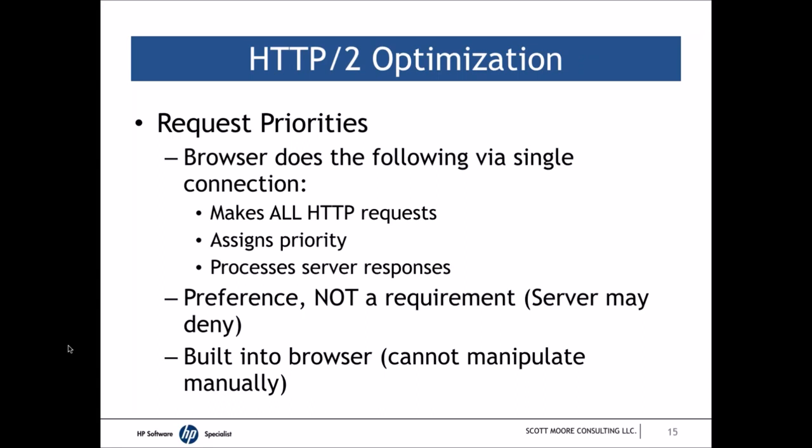So it may put a higher priority or a higher weighting, W-E-I-G-H-T, a higher weight on text-based files like HTML, CSS, client-side JavaScript, and then put a different weighting on GIF images or something else. Again, this is something that the browser vendor is going to decide how to do.